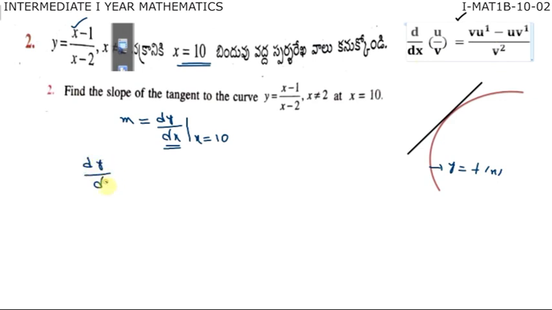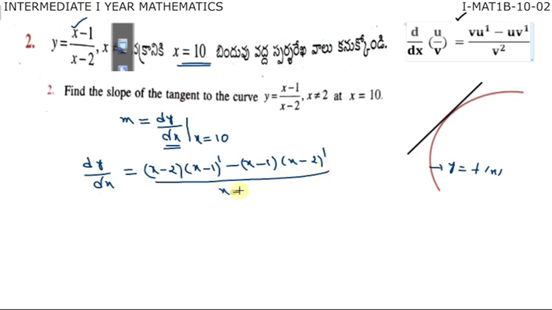Using this formula, let us write down the derivative. dy by dx is equal to: first write down the denominator x minus 2 as it is, into the derivative of the numerator x minus 1 whole dash, minus the numerator as it is, x minus 1, into the derivative of the denominator x minus 2 whole dash, divided by the denominator whole square, x minus 2 whole square.